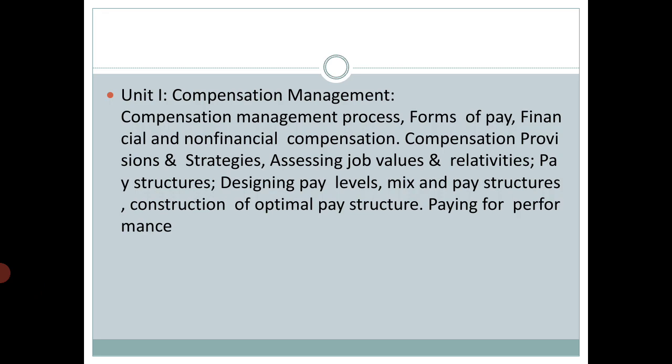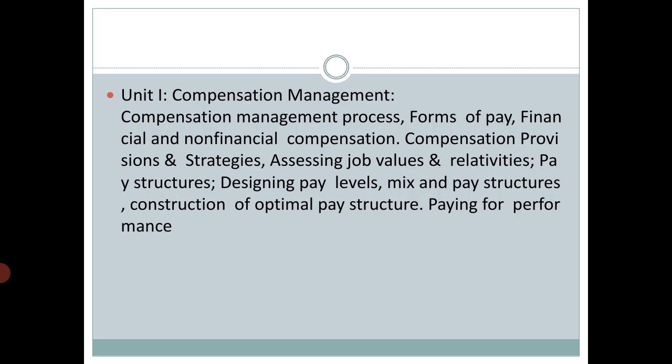In our organization, we pay a reward to the employee after the task is completed.